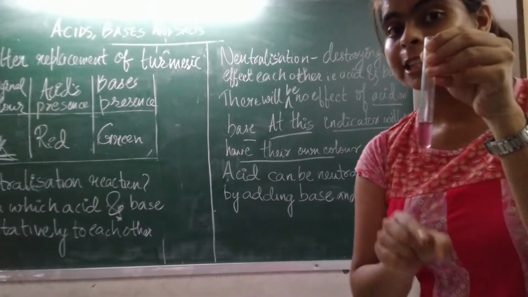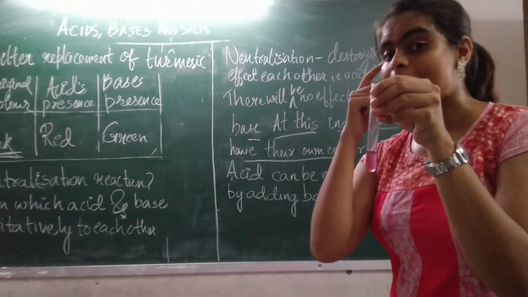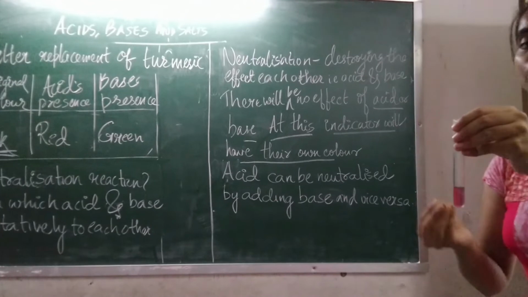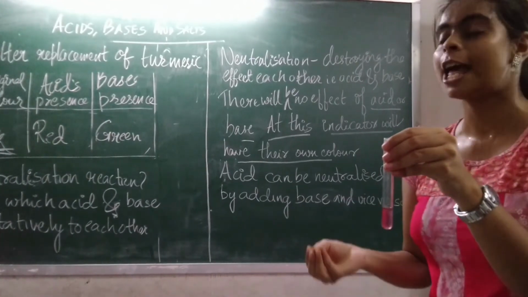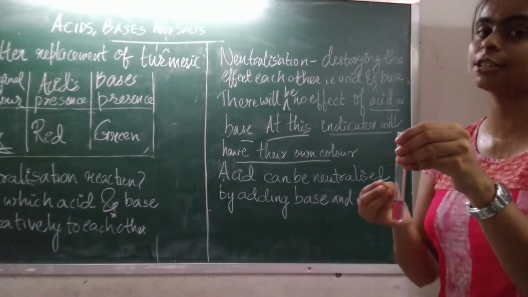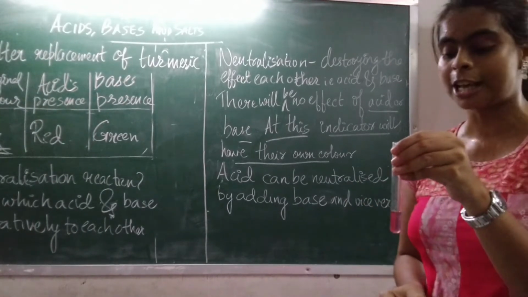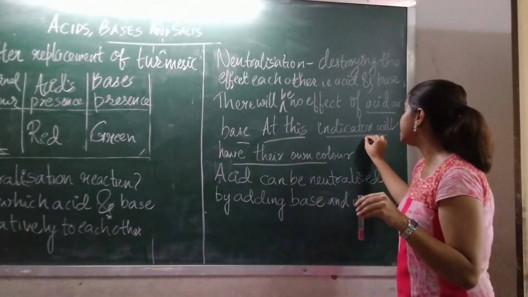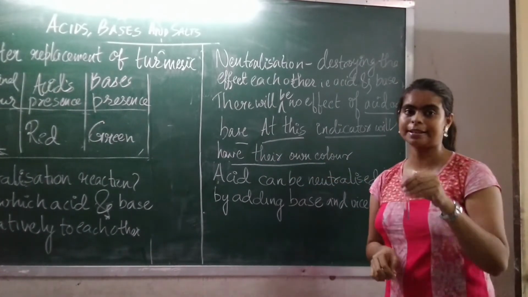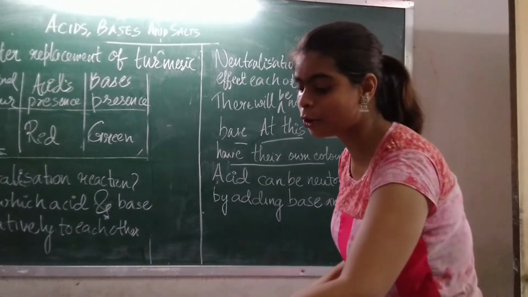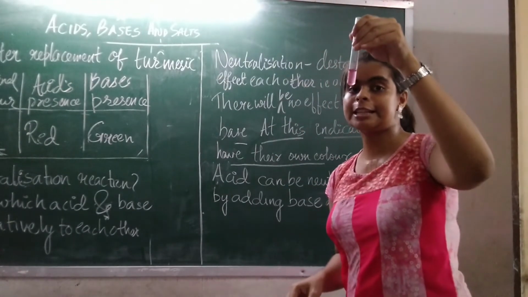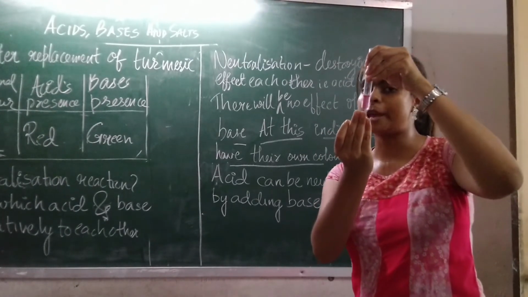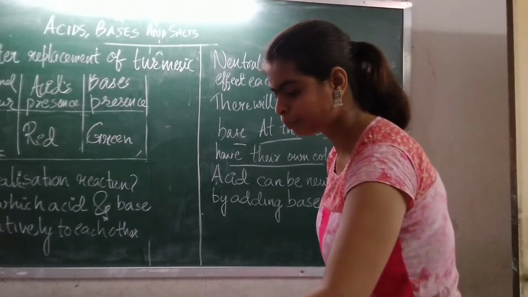So we can say that upon reaction, the acid and base try to destroy the effect of each other, and this reaction is called neutralization reaction. And at that point the indicator will have its own color. We have seen in the China rose that it has gained its own color.